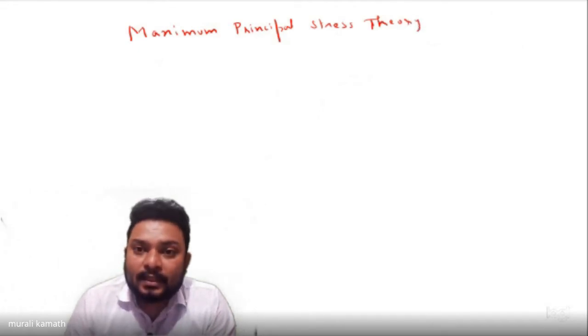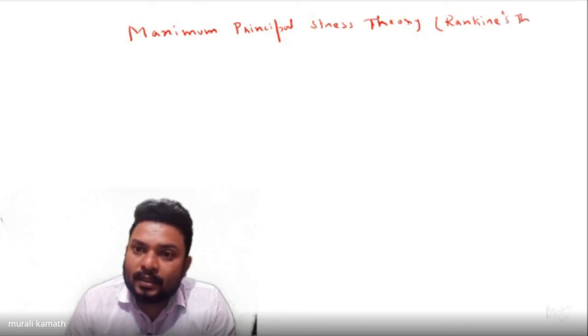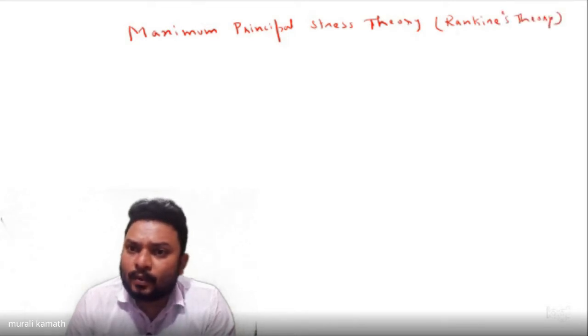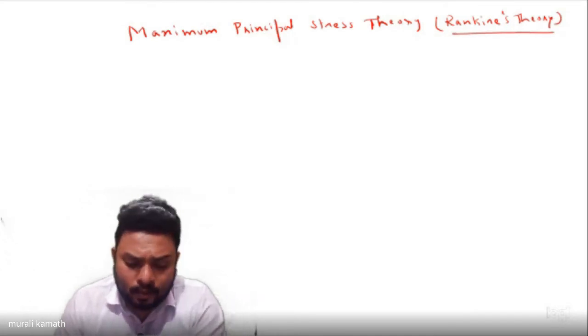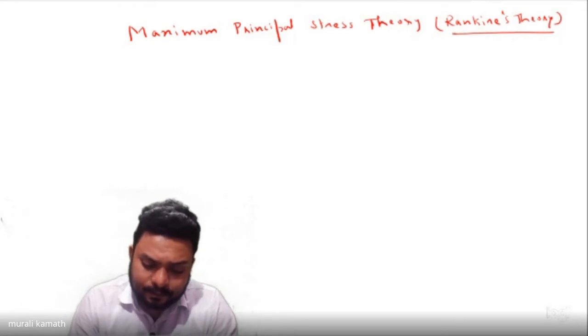Okay, and this is given by Rankine. It is also called Rankine's theory. So sometimes they can ask you in the objective, so you should remember the name also. Okay. So what is this theory saying?